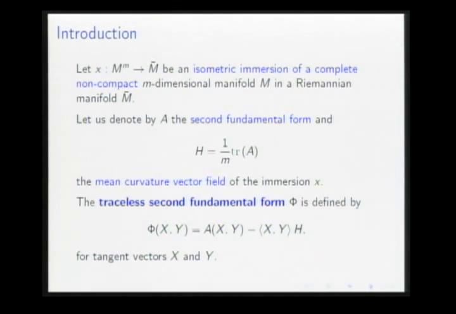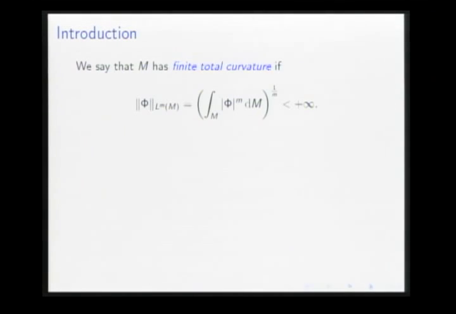Of course, this tensor vanishes on umbilical submanifolds. And so we say that the submanifold M has finite total curvature if this m-dimensional Lebesgue norm is finite.